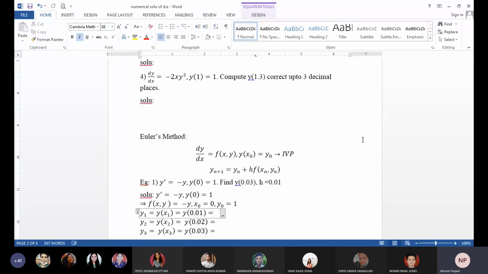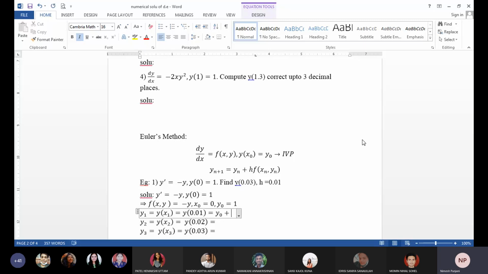See, y n plus 1 in general is y n plus h into f of x n comma y n. So using this Euler's method, what will be my y1? It means I have to take n as 0, right? So if I take n as 0, I will get y1 on the left hand side.